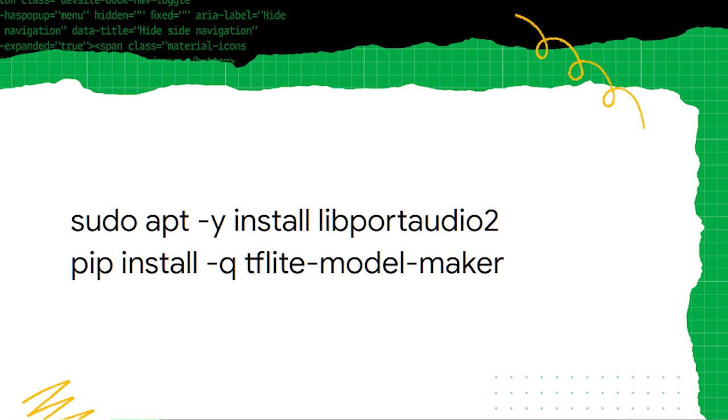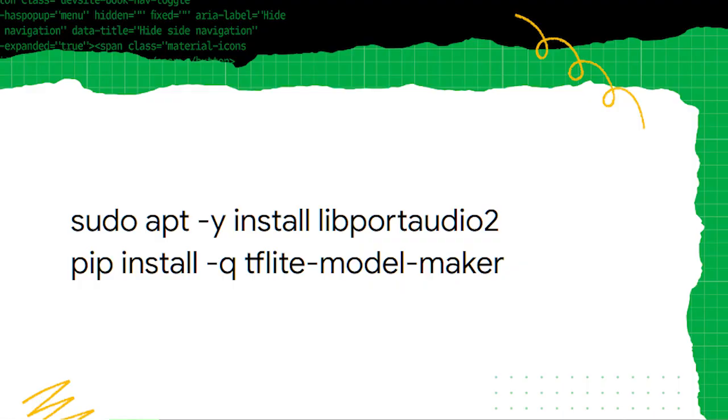So to use the TensorFlow Lite Model Maker, and in this next example, we're going to work with speech, so natural language processing. So first, we saw an image example. Next, we're going to see speech. So for that, you need to install libportaudio, because that's what handles your sound files.